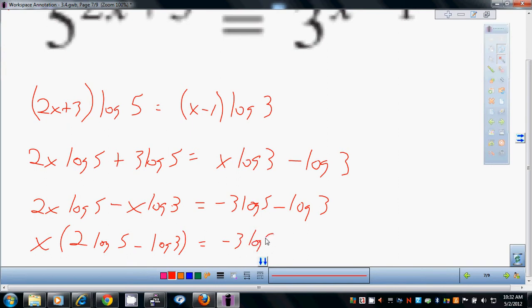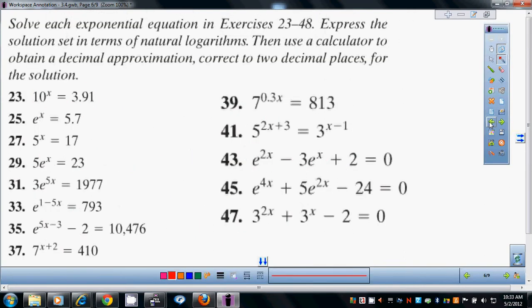Boy, these get a little tedious, don't they? Anyway, from there you just divide and you're done. Okay? Sounds good. Fine. Questions about these before we move on?